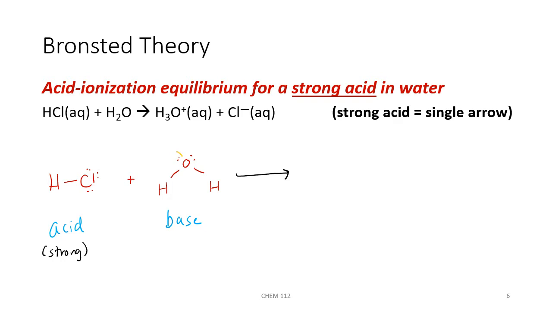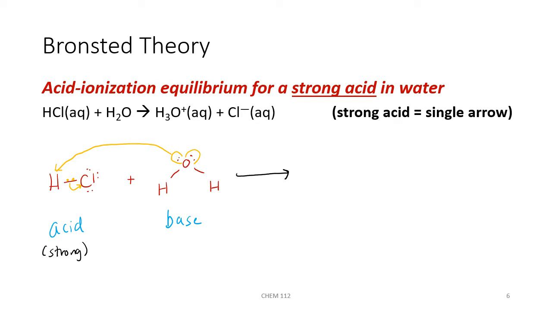So that means the base will have to grab a proton from our acid. The lone pair of electrons on the oxygen is going to be the starting point for grabbing that proton off the acid. The electrons in the covalent bond there will stay with the chlorine and become a lone pair of electrons on it, because the water or the base is just abstracting that hydrogen ion.